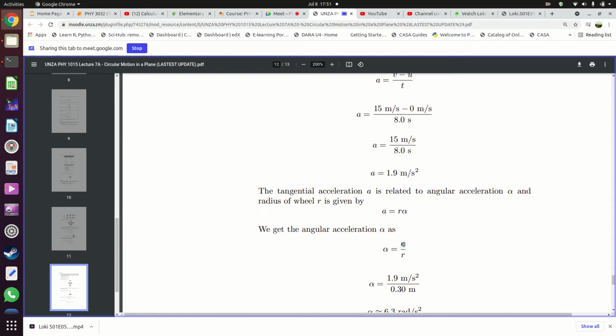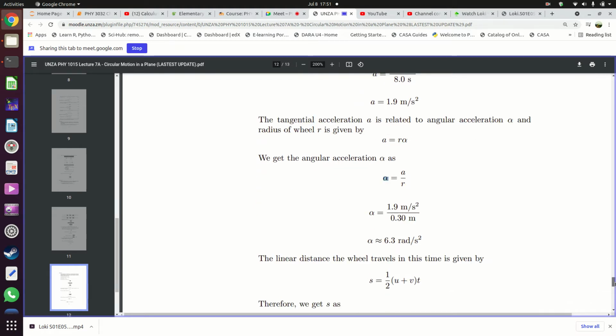Alpha is equal to a divided by r. So in this case, if you're looking for alpha, which is the angular acceleration, which is what we have been told to find, that's just going to be equal to 1.9 meters per second squared divided by 0.3, and that's going to give us an alpha which is approximately equal to 6.3 radians per second squared.